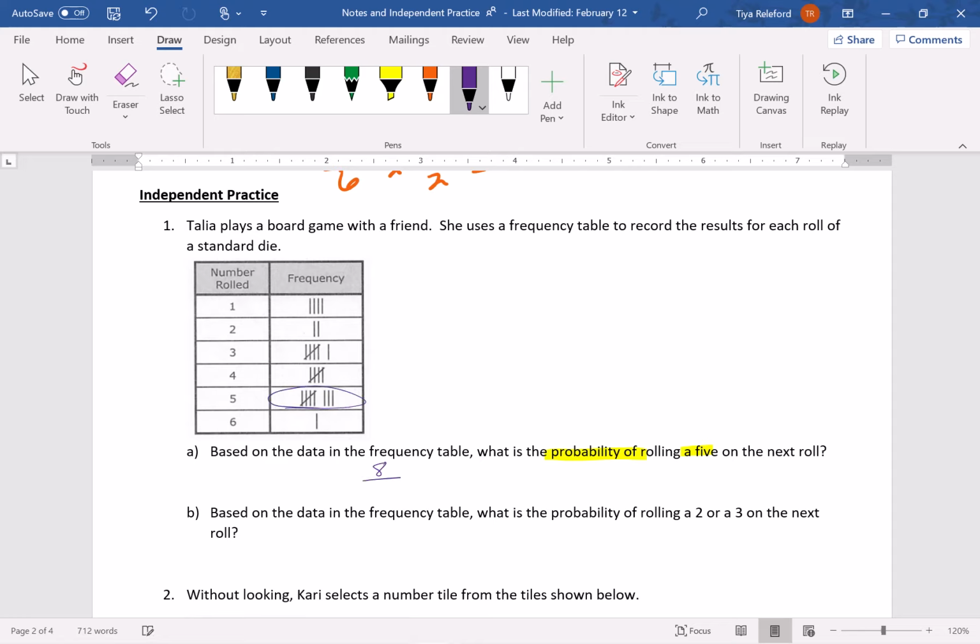Out of 4 plus 2 plus 6 plus 5 plus 8 plus 1. 4 plus 2 is 6, plus 6 is 12, plus 5 is 17, 25, 26. Make sure you simplify by 2.